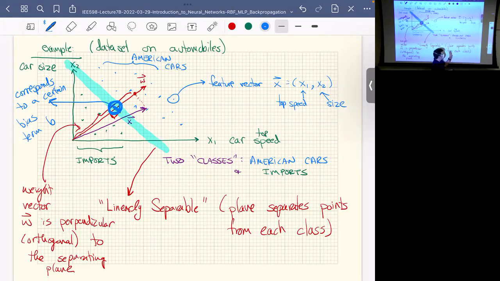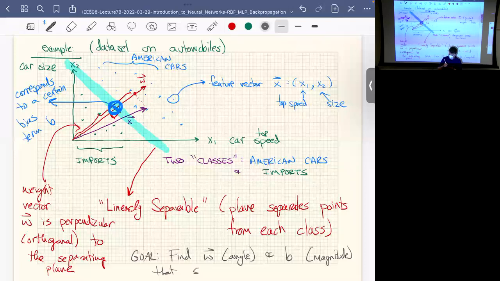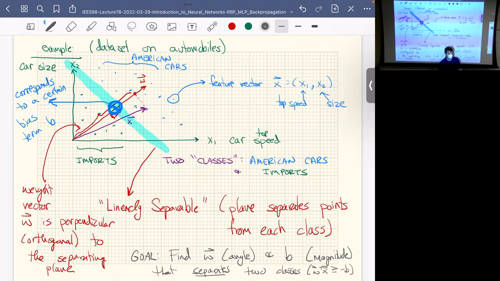So I just need to say that, in theory, the goal here is to find W, which is an angle, and B, which is a magnitude, that separates two classes, where I got W dot product X is greater than or equal to, and I've got this as negative bias right now. All right, so that's how a binary classifier works.